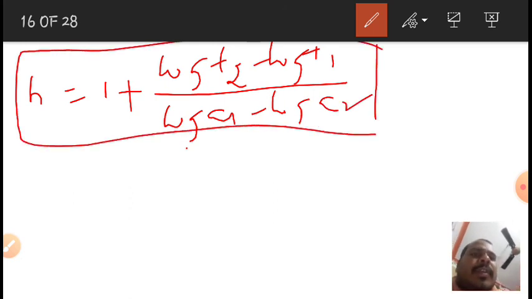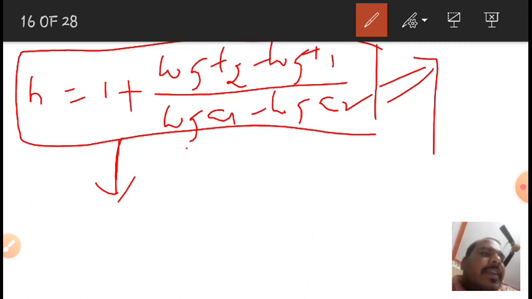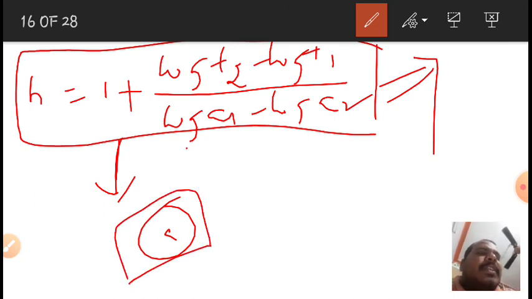With the help of this equation we can determine the order of a reaction. It is the half-life method. In this half-life method we calculate the order of a reaction by taking half-lives of reactants, and by substituting those values in this equation we calculate the order of a reaction.